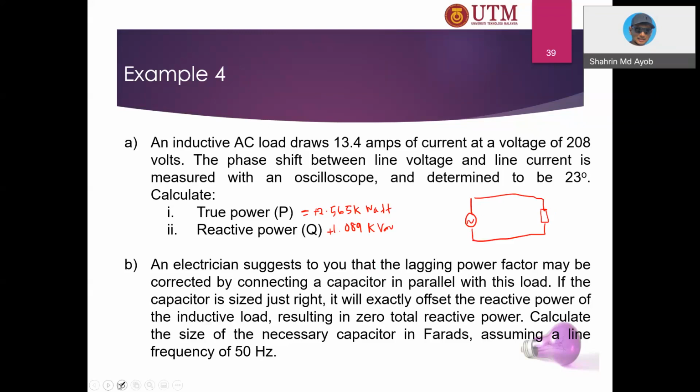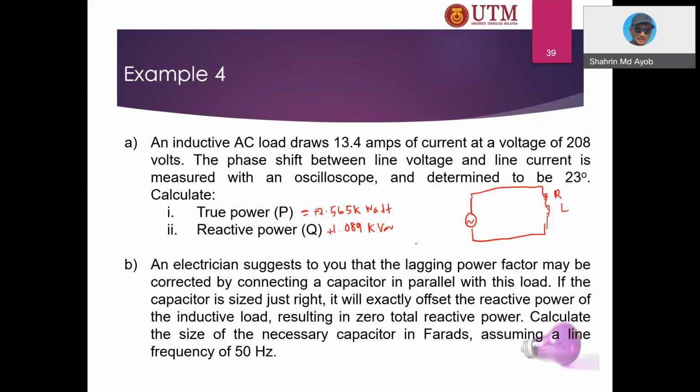I think I need to redraw. Okay, inductive R and L. This is your load, and it will actually absorb P of 2.565 kilowatts, and Q is positive 1.089 kilovar.